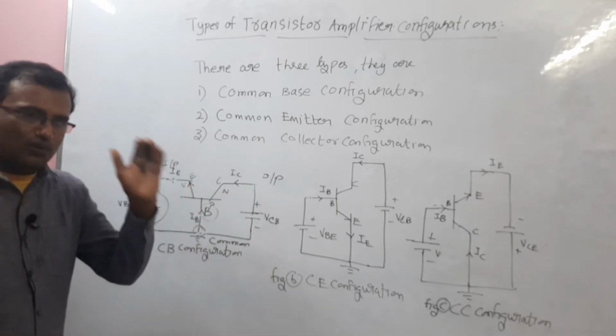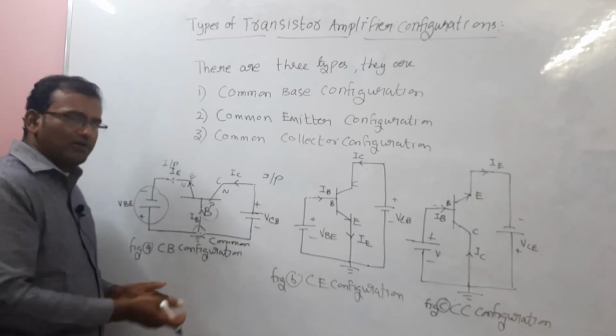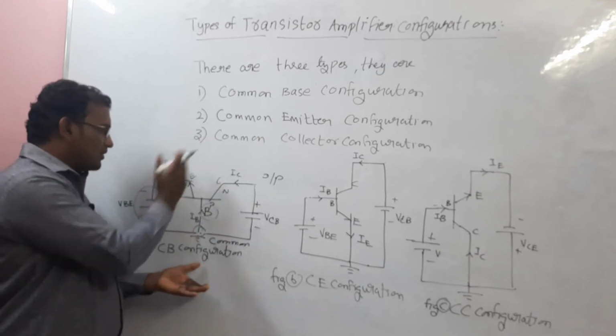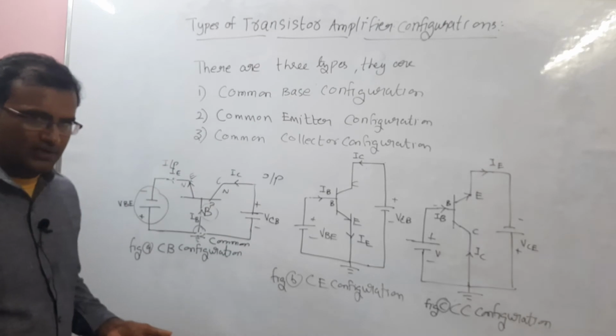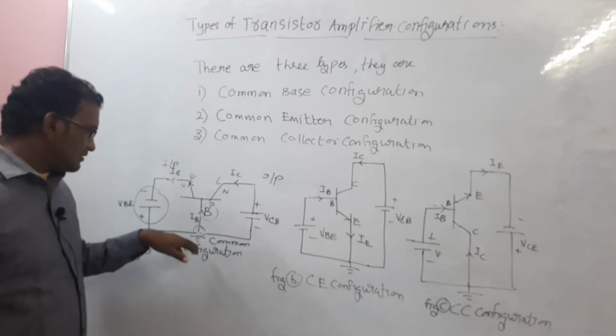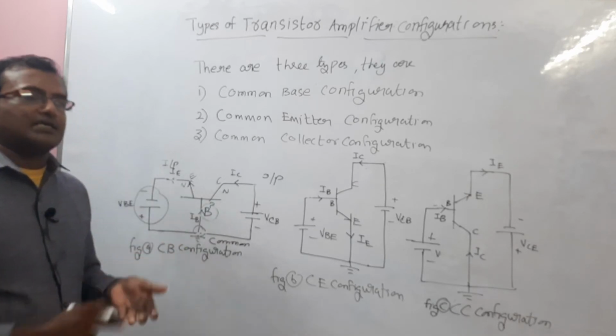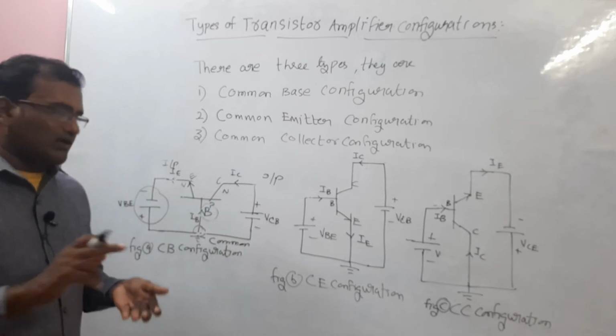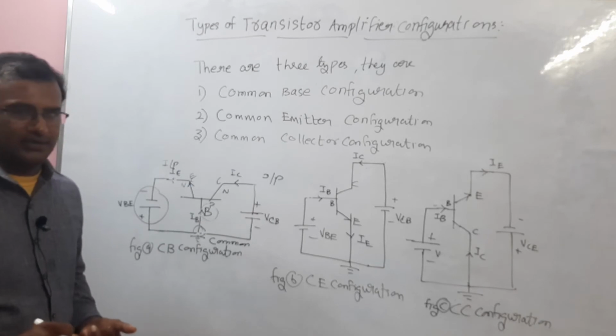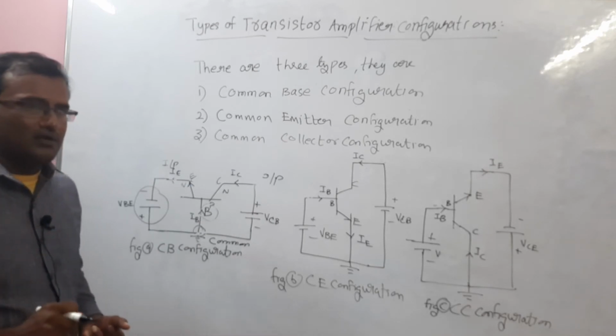If you know this concept, you can easily identify which one is common, which is the input terminal and which is the output terminal. In the next class we will discuss this configuration in detail. We need to calculate the current amplification factor and the values of IB, IC and IE.